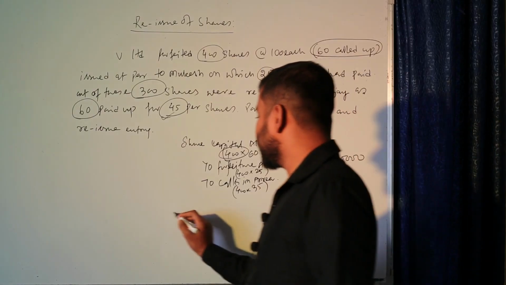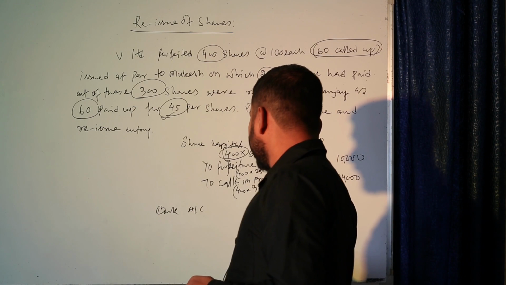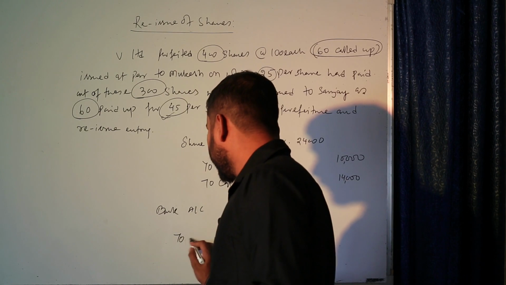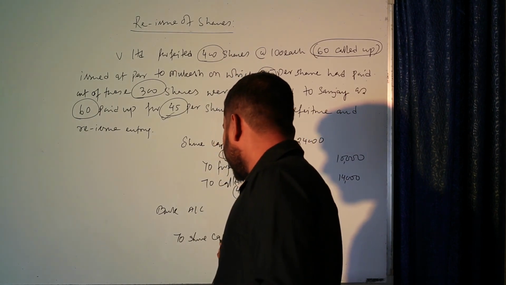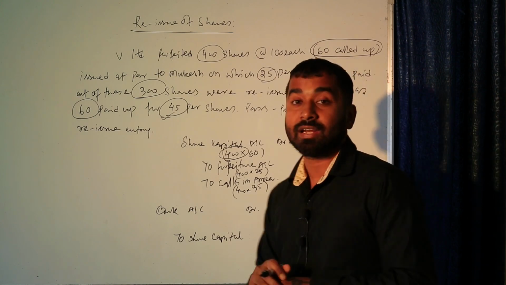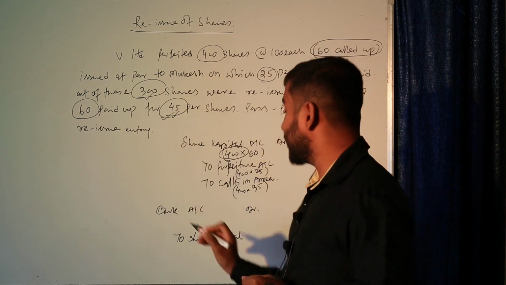So the first entry is the reissue, simple: bank account debit. Bank account debit, directly the money is received. There is no due entry, no receive entry. Directly that amount is received and transferred to share capital. So bank account debit to share capital. Bank account received how much? 45 rupees of 300 shares.